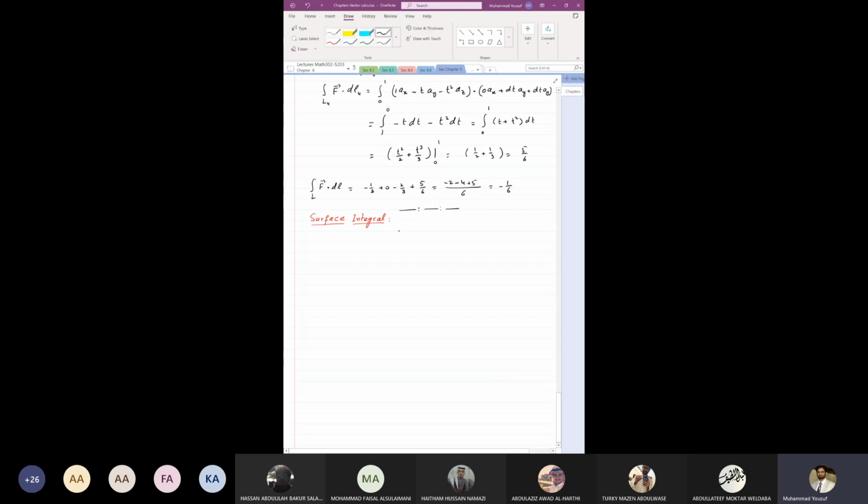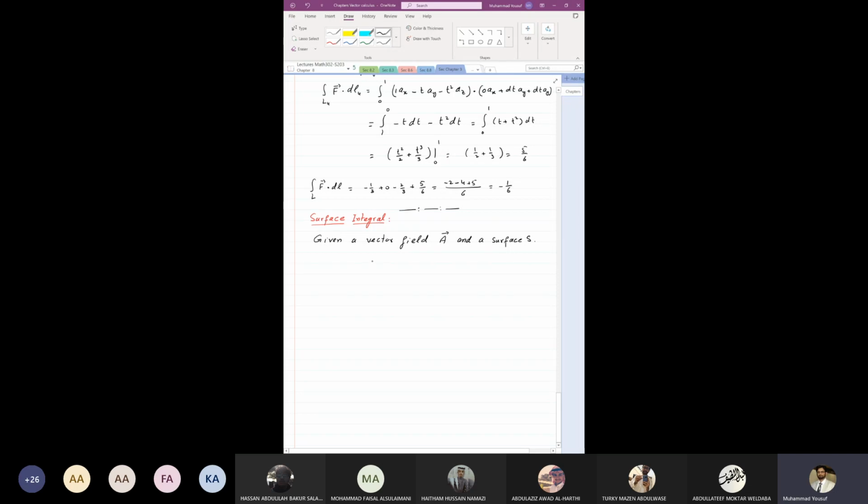Given a vector field A, like I showed you before, or F, whatever it is, and a surface S. This is given.